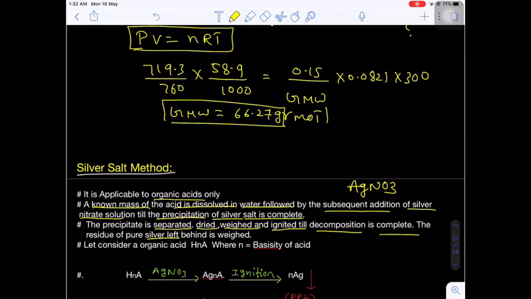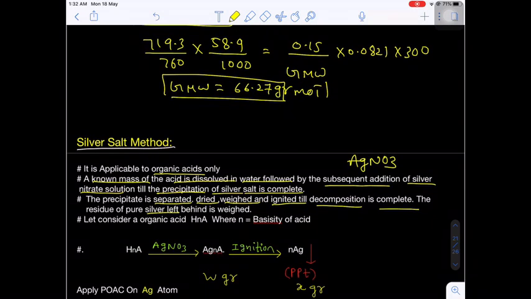Now let's consider an organic acid HnA, the general formula of an acid, which gives H positive ions. We don't know which acid it is. A monobasic acid gives only 1 H plus.